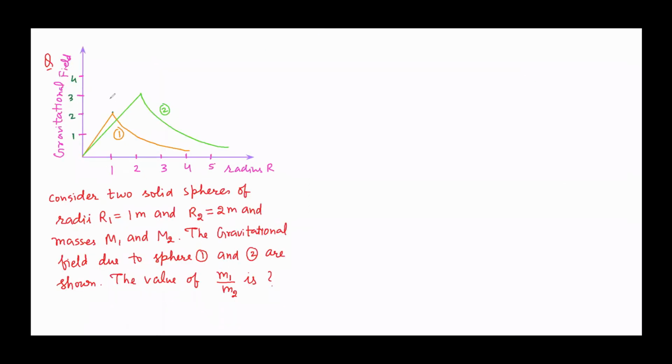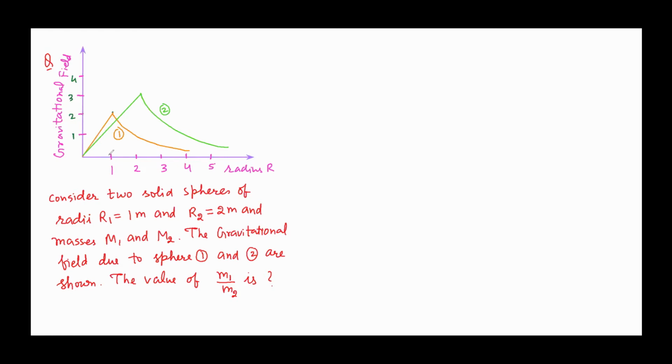Now in this question, we are given the variation of gravitational field intensity with distance from the center of two spheres. It is sphere 1. At the center, the intensity is 0. It increases, becomes maximum, then decreases. The point where it becomes maximum is the radius.